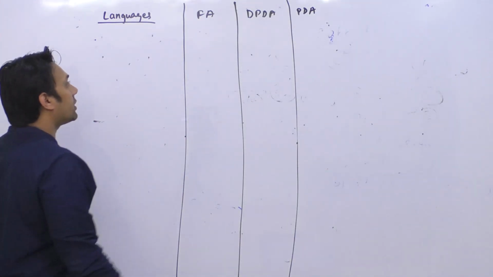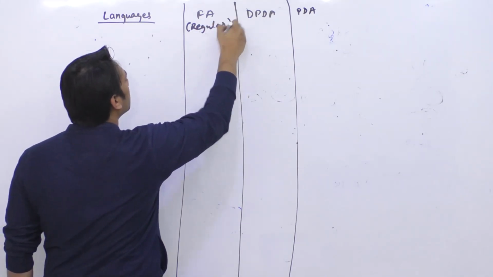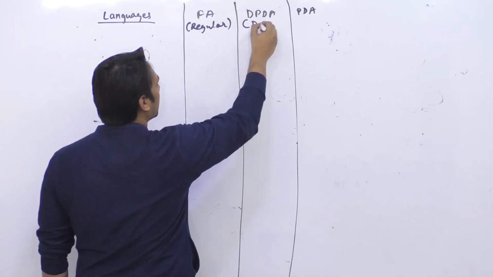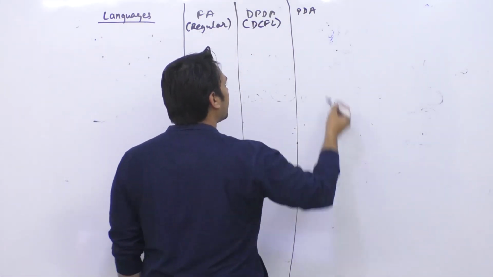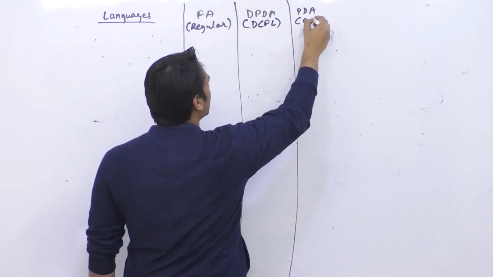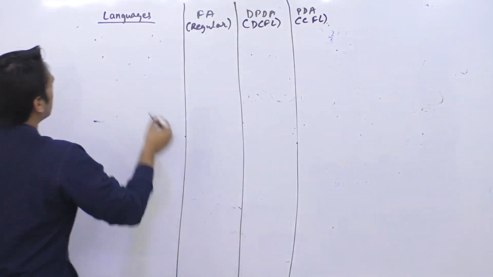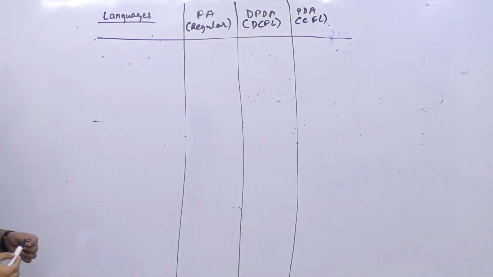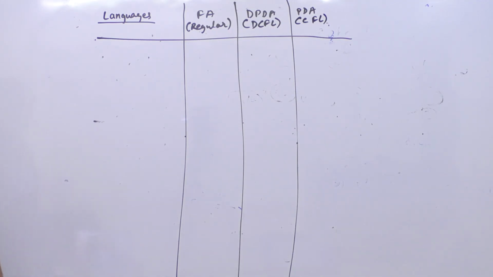If for a language you can make a finite automata, that means the language is a regular language. If for a language you can make a deterministic pushdown automata, then we can say the language is a deterministic context free language. If for a language you can make a pushdown automata, then we can say the language is a context free language. So there is a difference between all three of them, and you have to tell what you can do and what you cannot do among these. Okay? So let's do it.